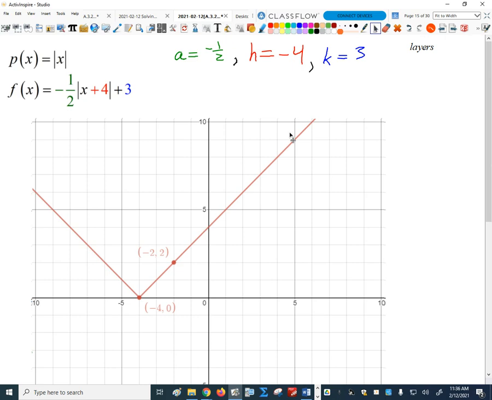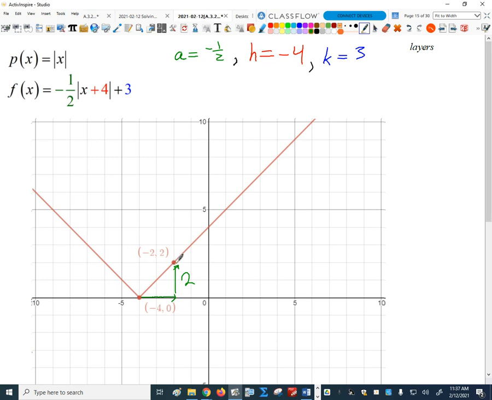Now what? Well, the next thing we do is multiply, divide, right? So now we're going to take care of that negative 1/2 out front. That's our vertical dilation factor. So this time, instead of going over by 2, my normal parent height when I go to the right by 2 is 2.